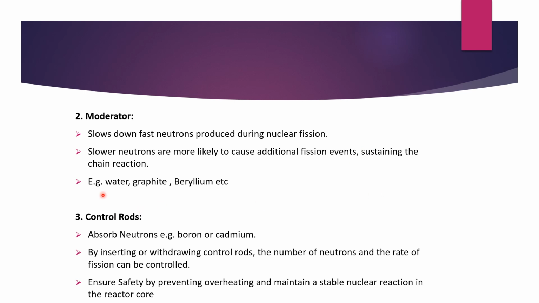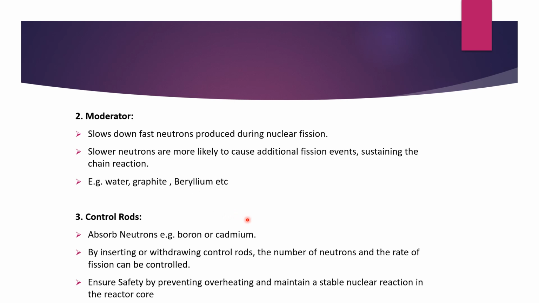We want to sustain this chain in order to create and maintain the energy. So the moderator is used to slow down their speed, and examples of moderators are water, graphite, beryllium, etc.